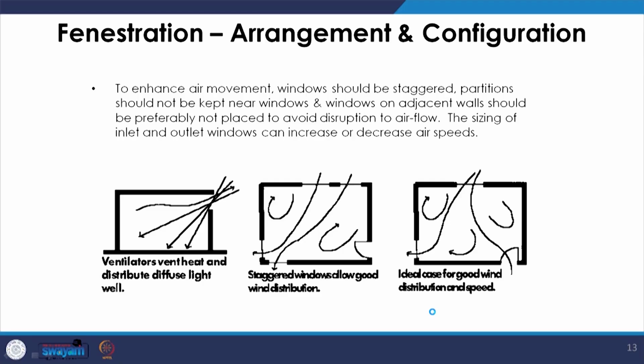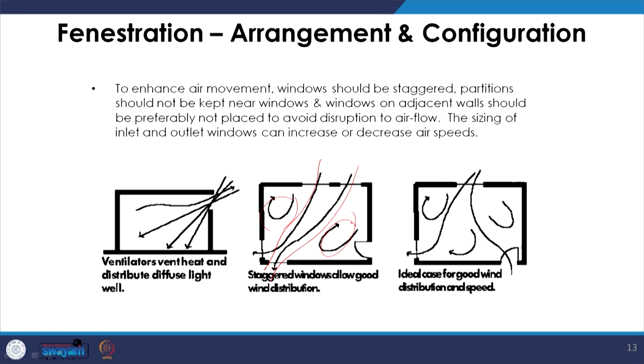The arrangement determines the amount of airflow inside the room. If you look at SP 41, where a lot of arrangements of windows have been proposed, this is in plan that we see. If we have windows arranged in opposite corners on opposite walls of the room, it will allow almost the entire room to ventilate properly.